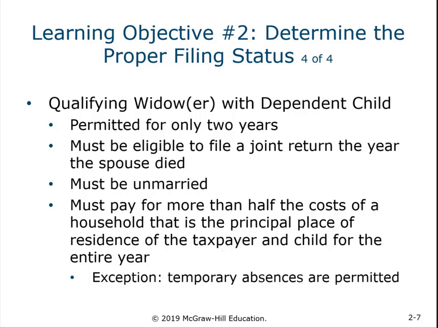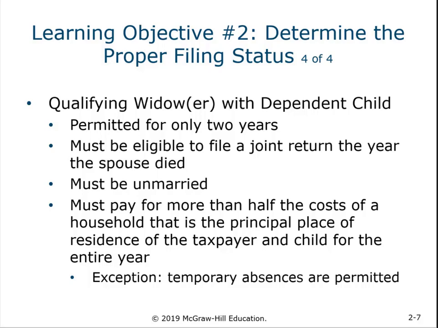This cannot be just you lost your spouse. In the year they pass away, you can file jointly for that year and no longer. So you get the last year, the year of death. As long as they died sometime during 2020, then you can file jointly for 2020. 2021, assuming you're not remarried or anything else, you are single, no longer married.